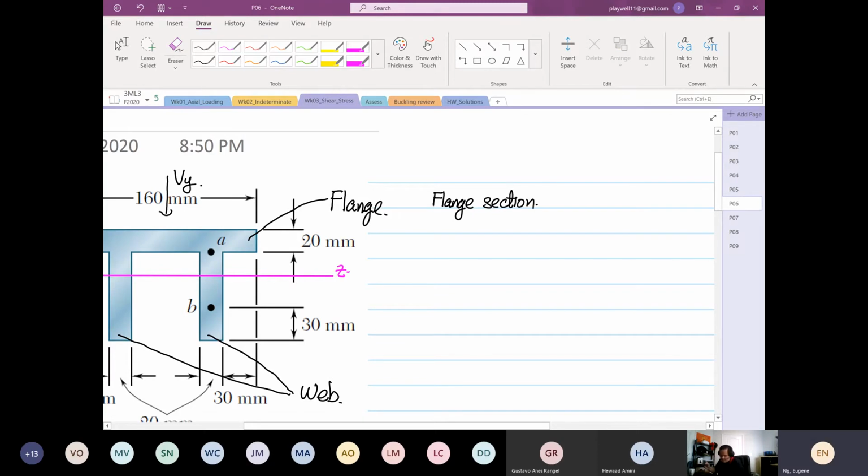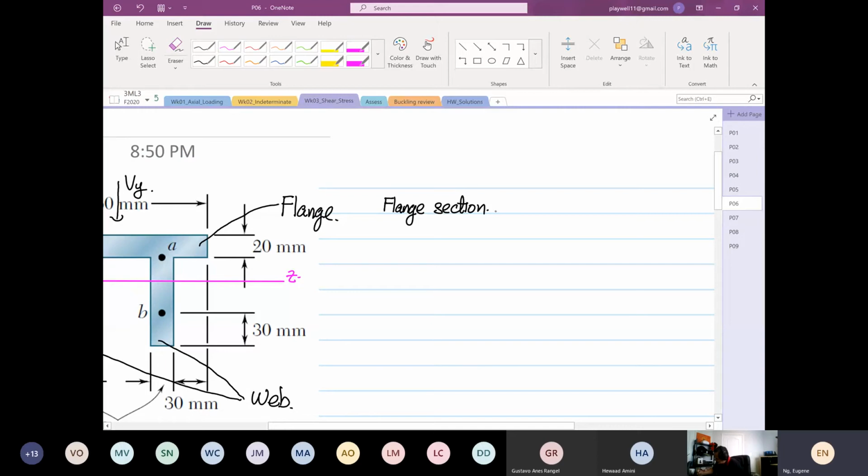So we're going to consider the flange section and the limits. We have two limits. The maximum is easy: the maximum is equal to 0.035 meters. The minimum, you take 0.035 minus 0.02, because this is 0.02.